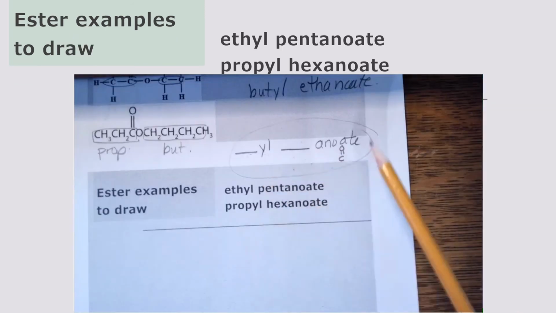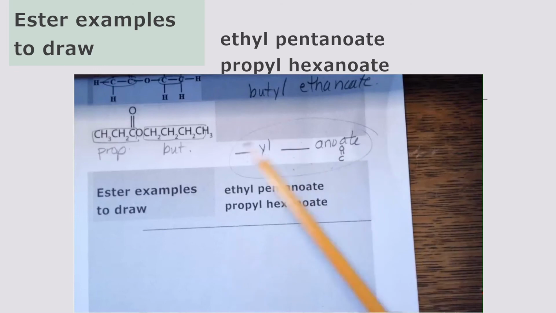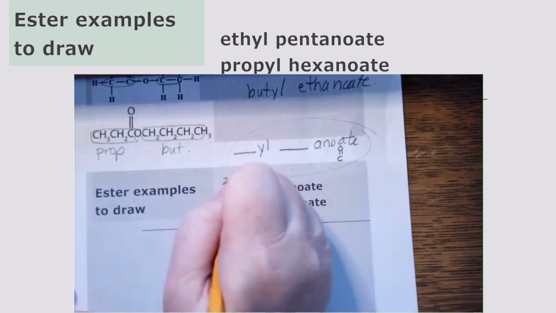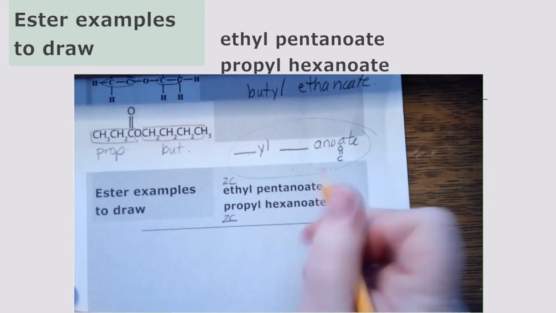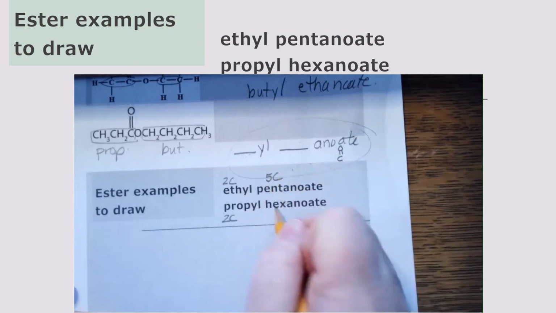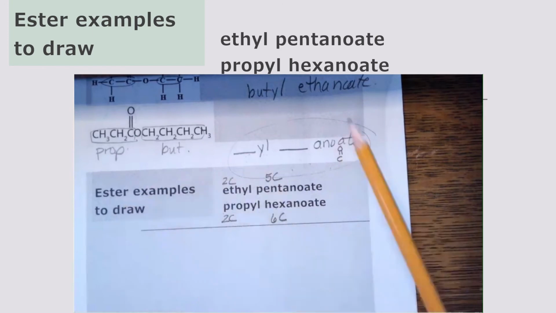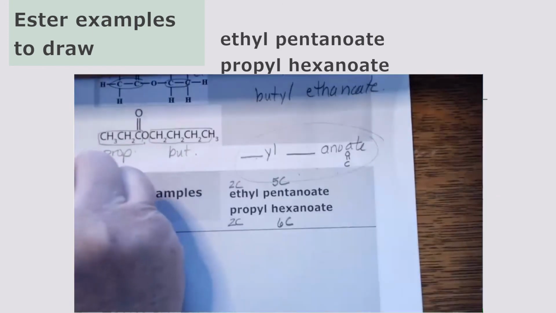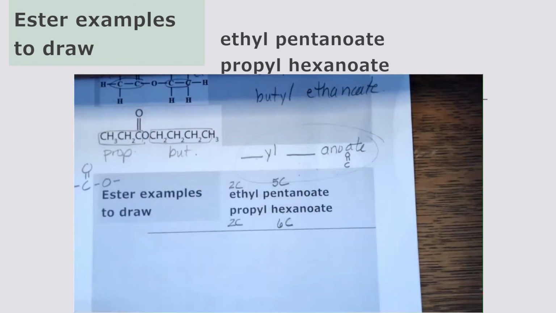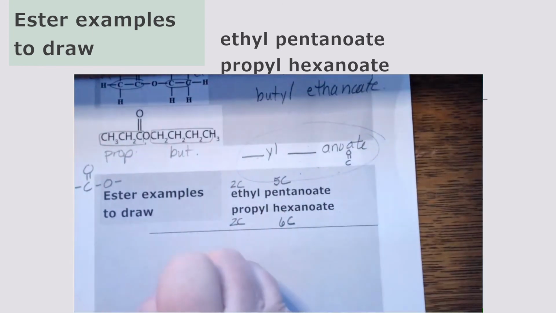Okay, so remember I already did this for esters, so let's use that information when I draw this. Eth means how many carbons? 2. Prop means how many carbons? 3. Pent means how many carbons? 5. Hex means how many carbons? 6. Well, ester means I have a functional group that looks like this: C double bond O and then an O breaking it up. So I can start with just the O, and on one side, I'm going to put 2 C's.